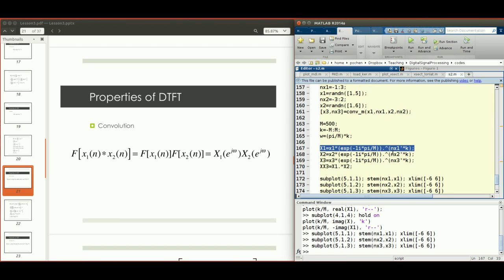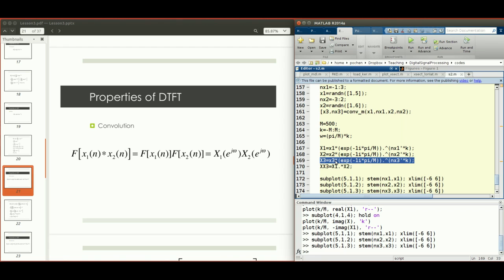That's the Fourier transform of the first signal, big X1. And then that's the Fourier transform of the second signal, big X2. And then that's the Fourier transform of the third signal, big X3. And the Fourier transform of the third signal is what?